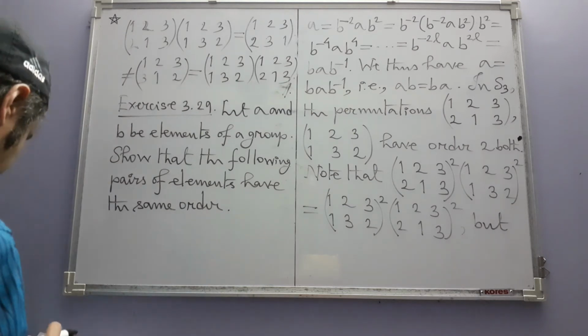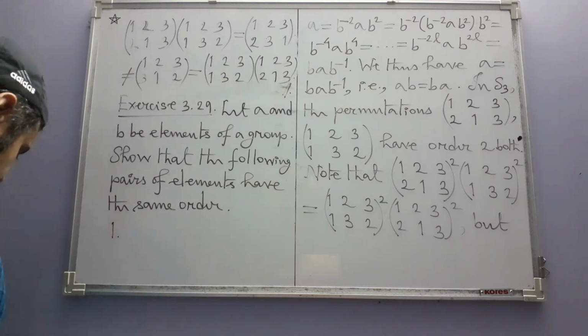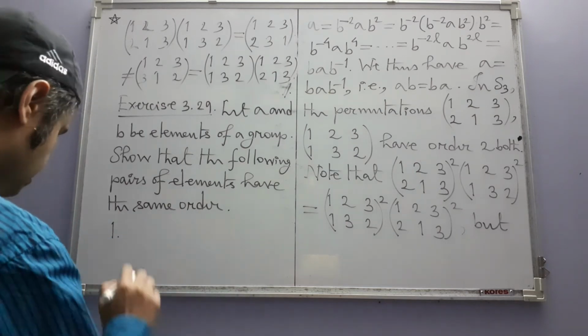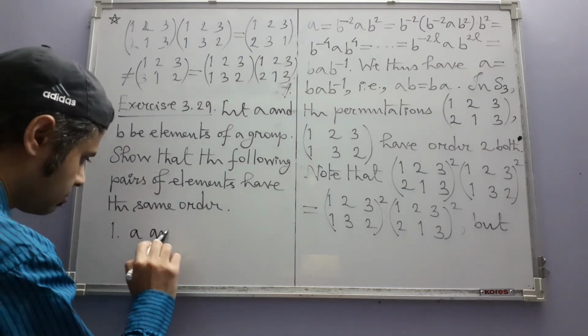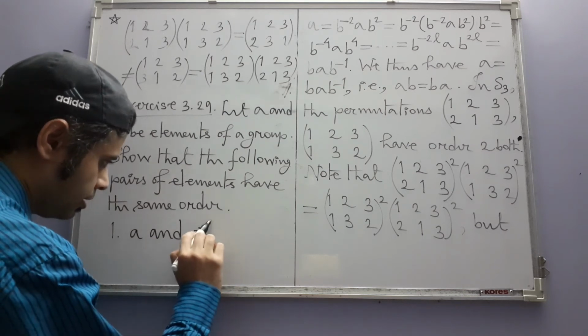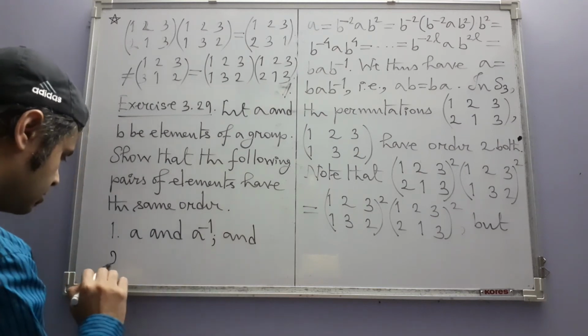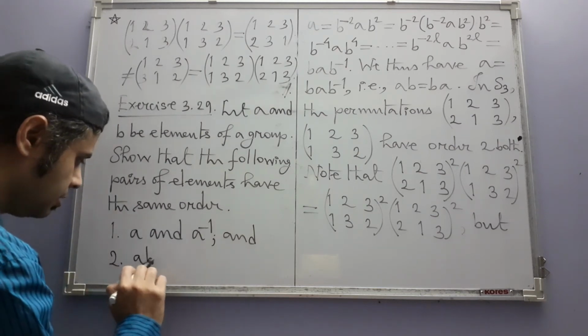And what are the pairs of elements? The first pair is A and A inverse, and the second pair is AB and BA.